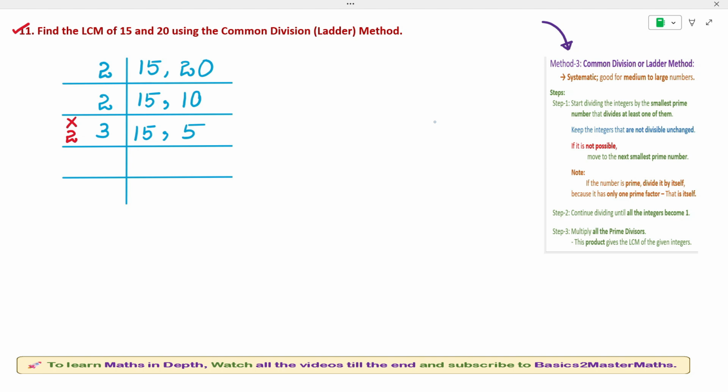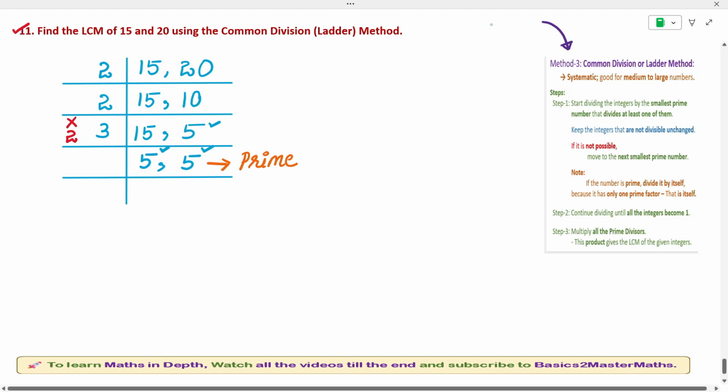Since 3 divides only 15 exactly, we get 5, while this 5 remains unchanged. Observe, 5 is a prime number.